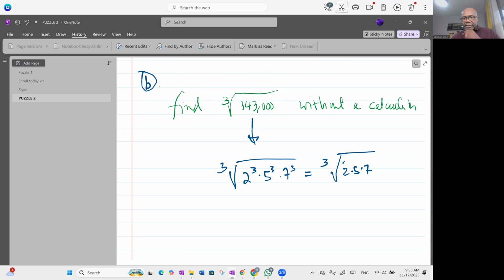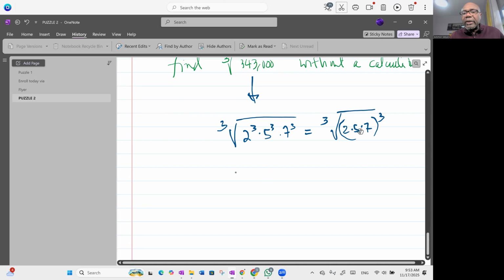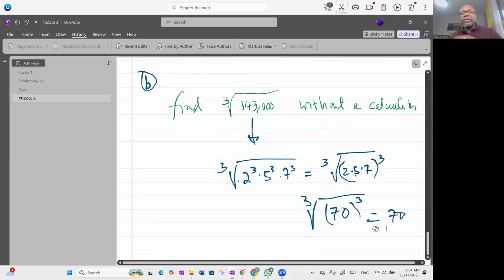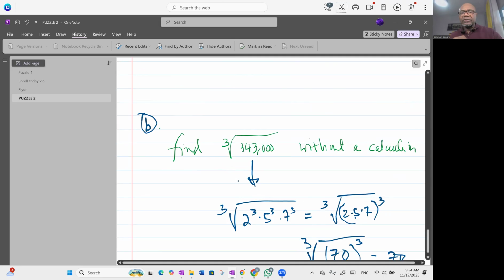You remember all that? Okay, the linked notes. And so now we determine the cube root of 2 times 5 is 10 times 7, the cube root of 70 cubed. What do we get? If we do that, we get 70 by itself. So we've been able to determine the cube root of this number without a calculator, just with prime factorization.